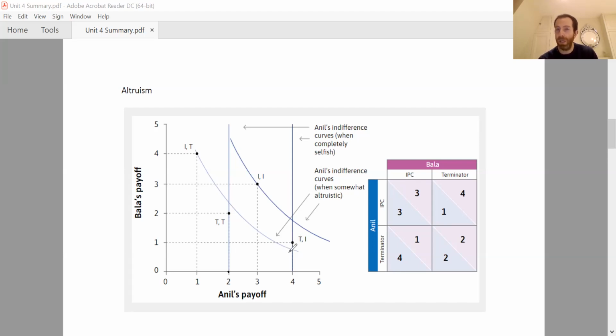But if we consider there being a possibility of altruism, then actually Anil would be happier over here, right? This would be the best possible set of strategies, where they both play I, they both choose IPC, and this would be better. So what this is designed to show us is that if there are altruistic preferences, then the outcome of the game could be different.